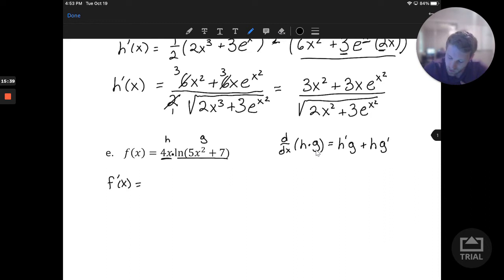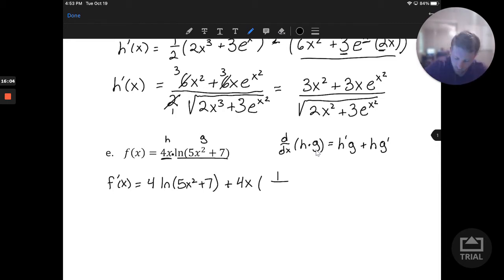We know we're going to take the derivative of the first, which is 4, times the second, and then plus the first, which is 4x, times the derivative of the second. This is the derivative of the natural log function. We would start out with just the 1 over our argument to that natural log.